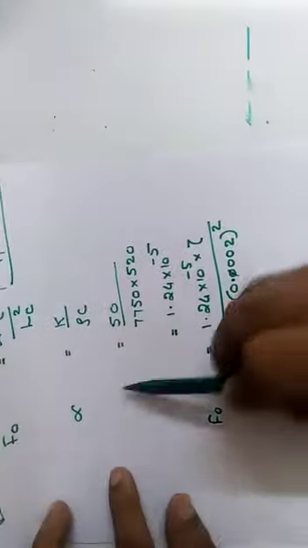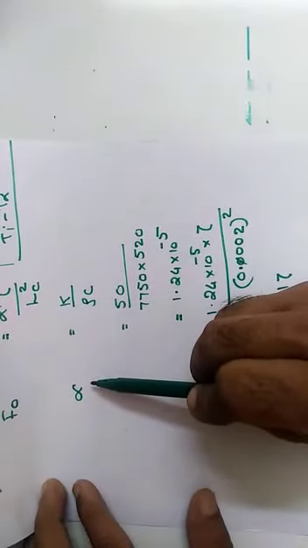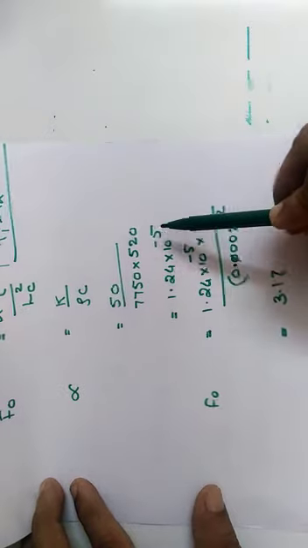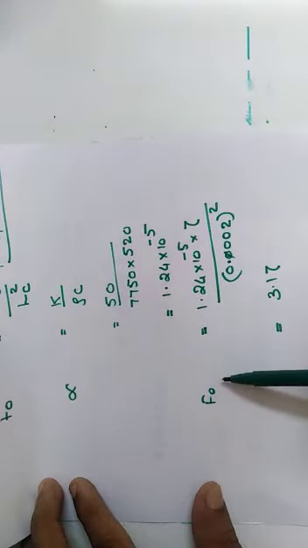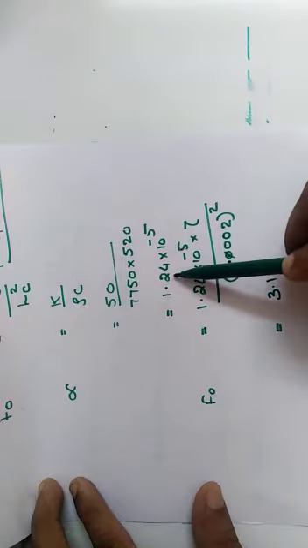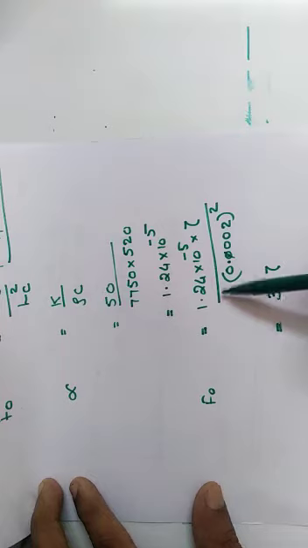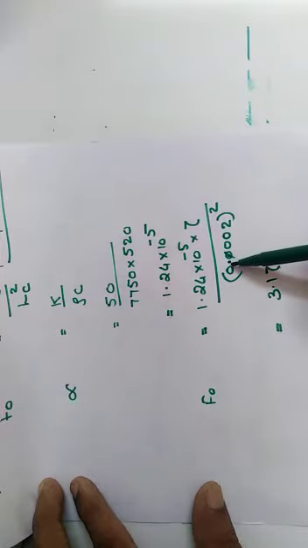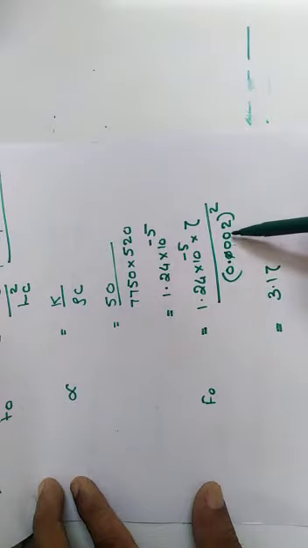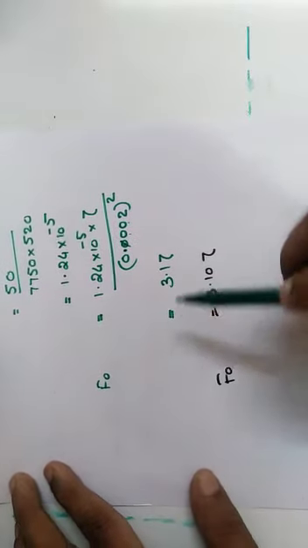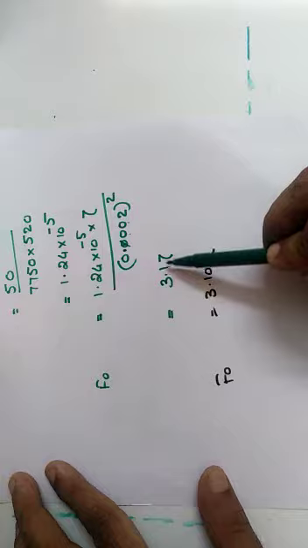So the thermal diffusivity alpha equal to 1.24 into 10 to the power of minus 5. So the Fourier number Fo equal to alpha into tau divided by Lc square. Lc equal to 0.002. This is the characteristic length. So the Fourier number Fo works out to be 3.1 tau.